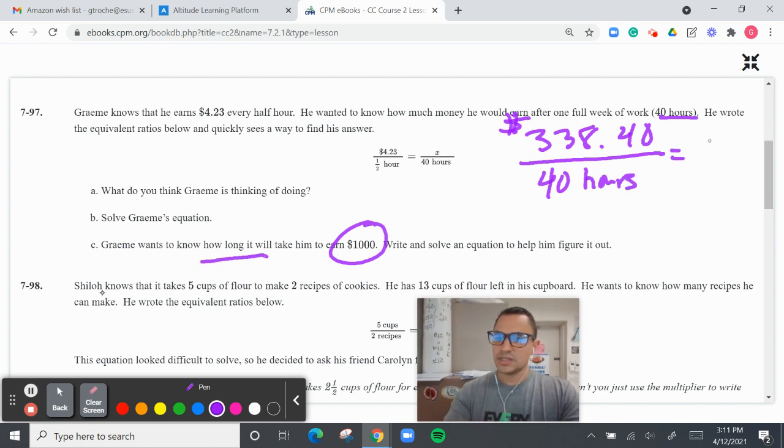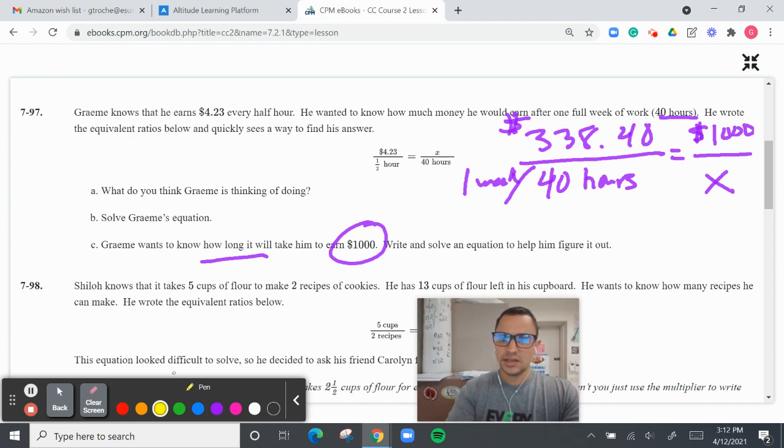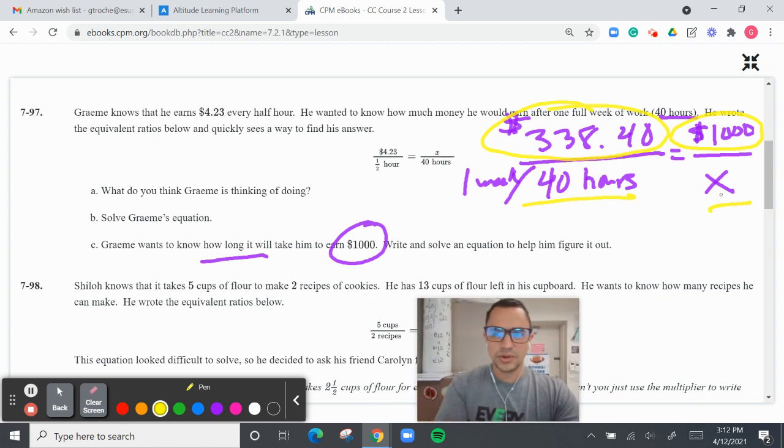So 40 hours also is 1 week, just so we know. How many hours will it take to get $1,000? And you notice that I am putting my dollars on top and my time on the bottom. Make sure they're still the same for both sides of your equation. And then you can just solve it.